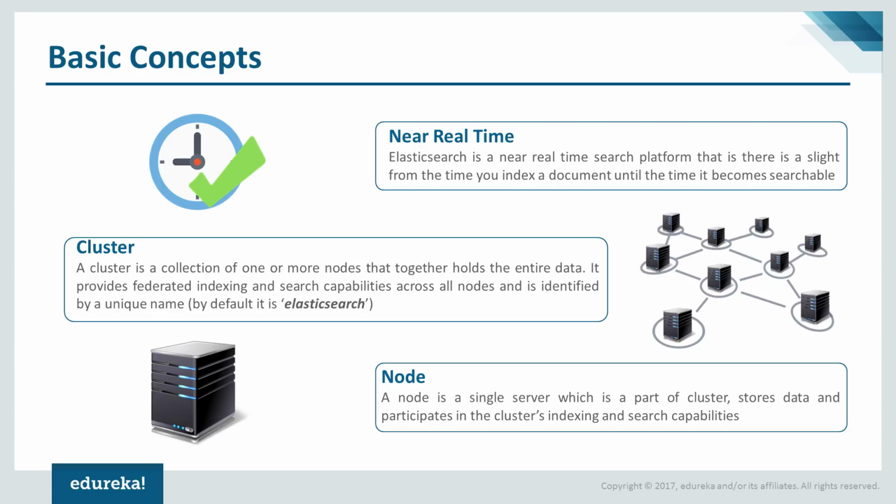By default, it will take the unique name Elasticsearch, but if you want to rename the cluster, you can do it by making certain changes in the configuration file. A node is a single server which is participating in the cluster. It's a part of a cluster, it stores data and participates in the cluster's indexing and search capabilities.